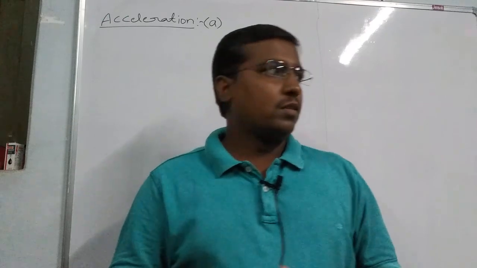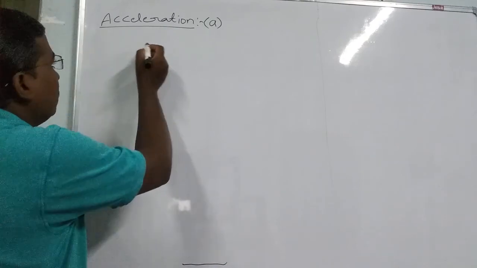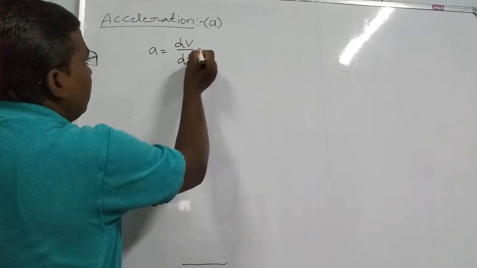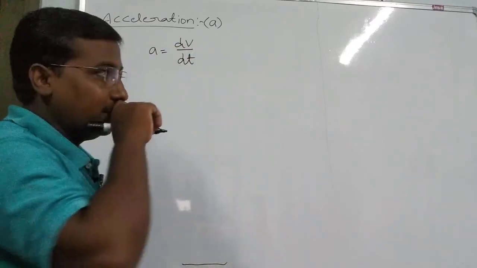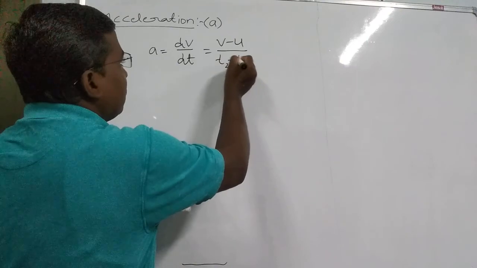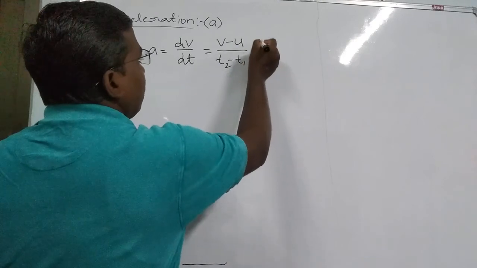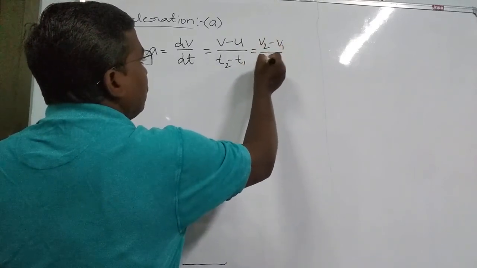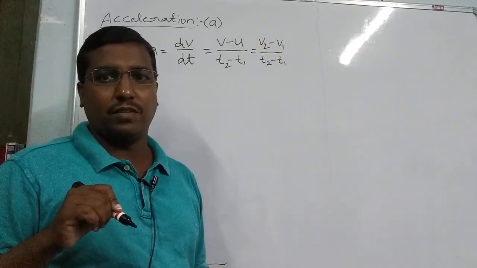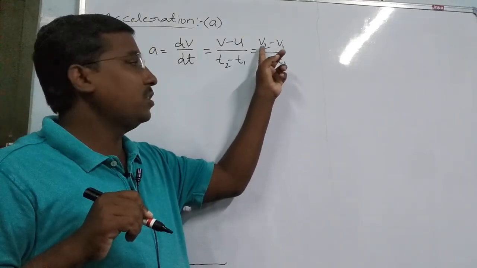Acceleration is defined as dv by dt, that is the rate of change of velocity, and it is also written as (v minus u) by (t2 minus t1). v is the final velocity and u is the initial velocity, which is also (v2 minus v1) by (t2 minus t1), where v1 is the initial velocity, v2 the final velocity, t1 the time at velocity v1, and t2 the time at velocity v2.